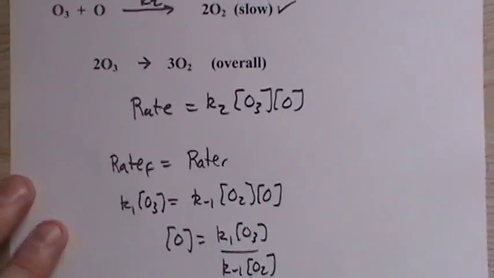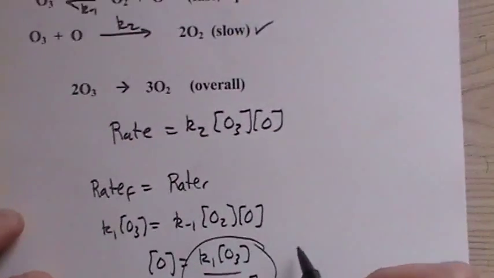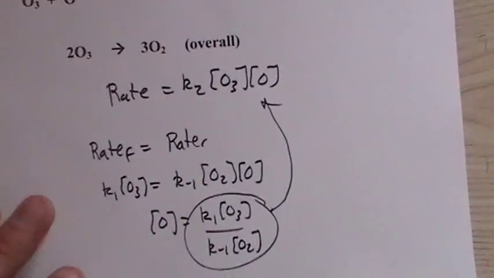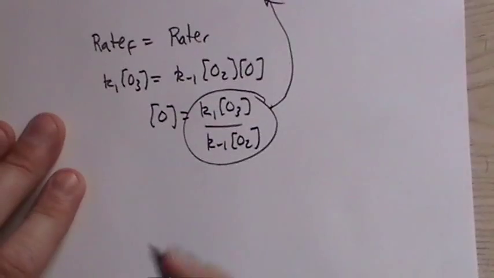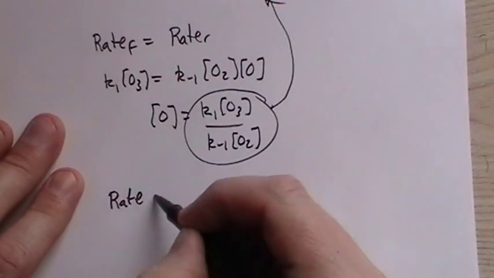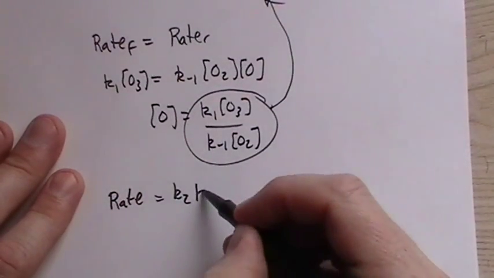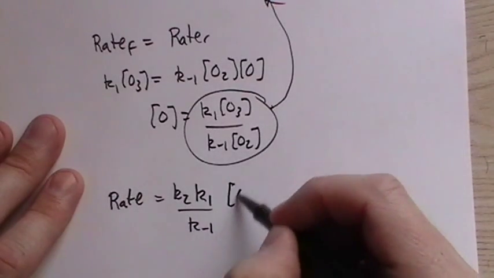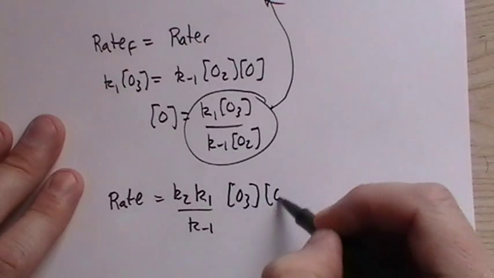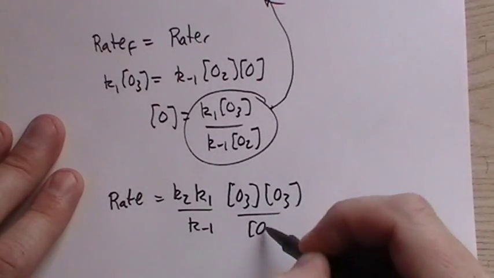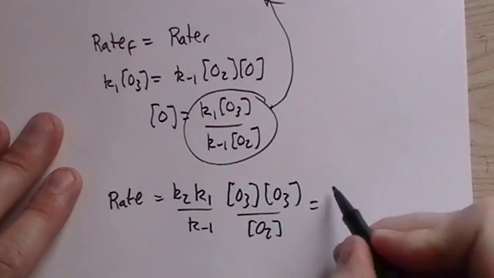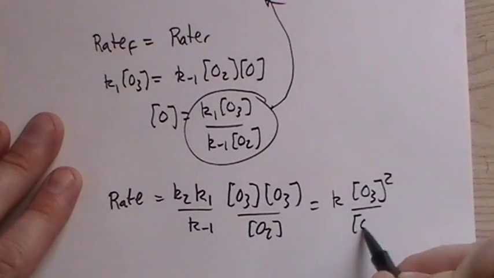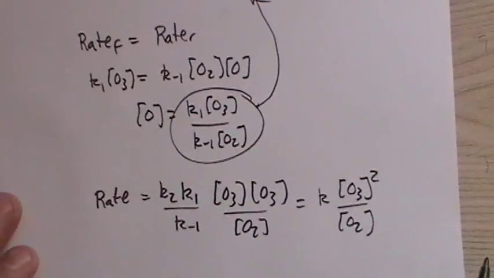Now we're going to plug this value into here. And what we end up with is rate equals k2 k1 over k-1, O3 times O3 over O2, which simplifies to k, O3 squared over O2. And that's our rate law.